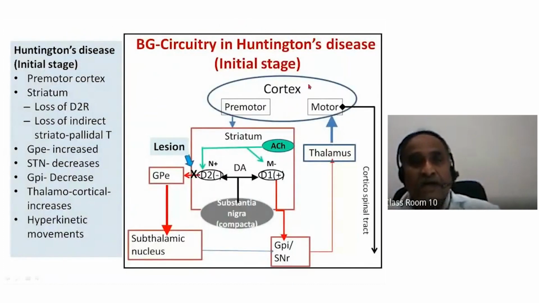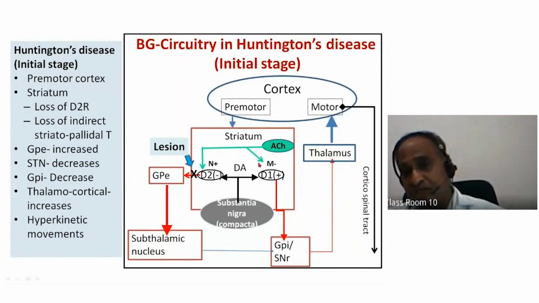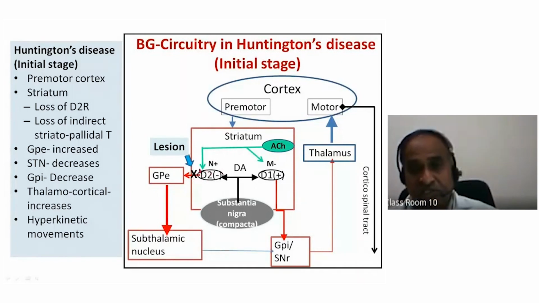Now, in case of Huntington disease, in the initial stages, what happens? There is a loss of D2 receptors or the GABAergic neurons in this pathway. That means this is an indirect pathway, the striatum and the pallidum externa, globus pallidus externa. This pathway is defective here.